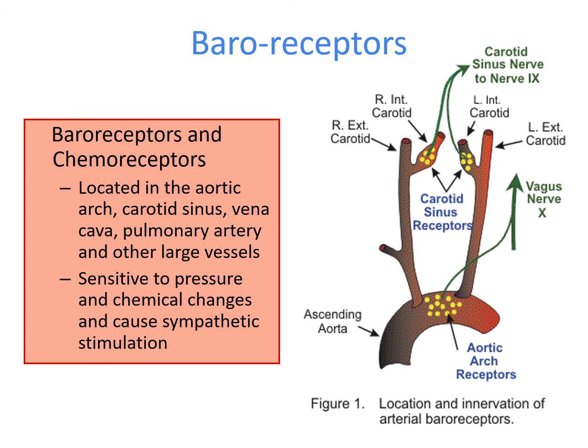The sympathetic nervous system, as we just previously saw, produces both cardiac and vascular responses through the release of norepinephrine. Norepinephrine increases heart rate and contractility by stimulating those cardiac beta receptors.